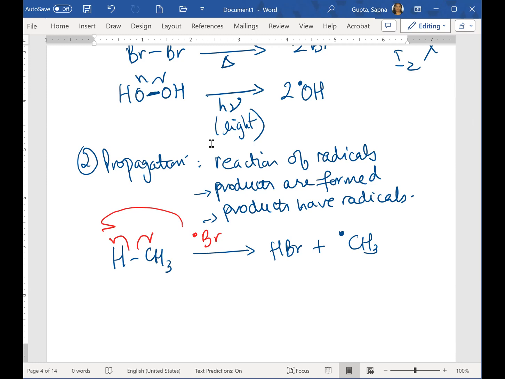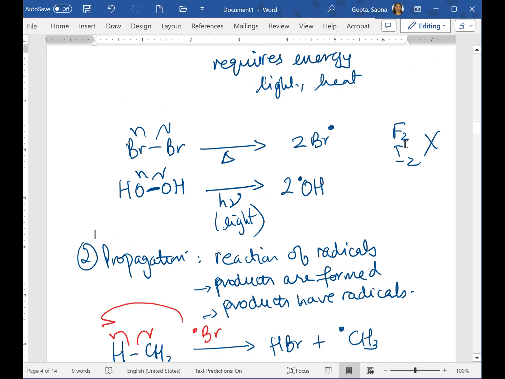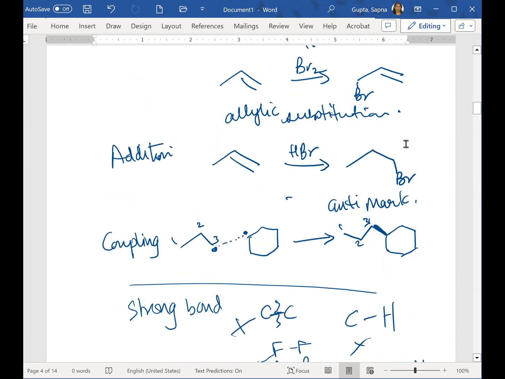Now a CC bond can break also, but we generally don't break that, because that one is still harder to break than a CH bond. So generally in these kinds of reactions, we will be breaking CH bonds, not CC bonds. So no fragmentation going on, only coupling going on. I wrote all these reactions up here.